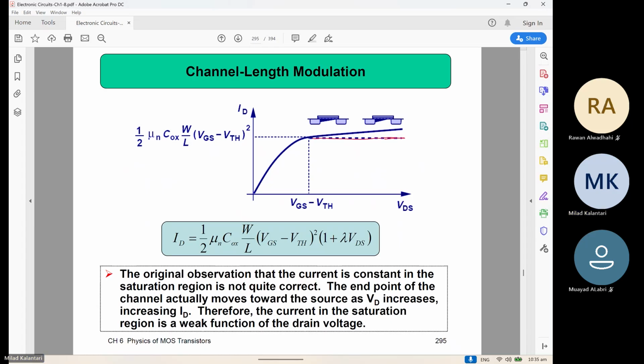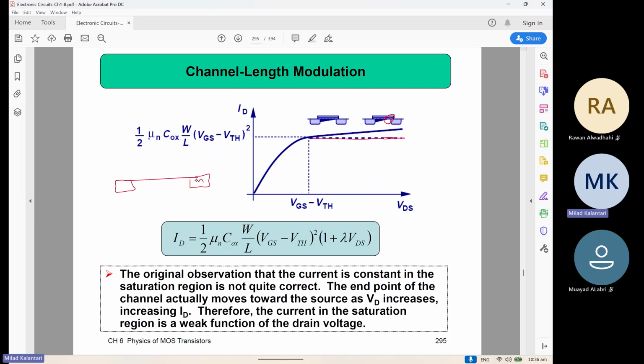In fact, what is happening is that once you go to the pinch-off region, the charge density at the drain starts to get disconnected. If you increase the VDS, the depletion region of this charge area will be larger, and the gap underneath will be larger.